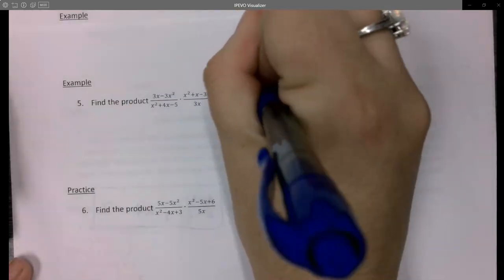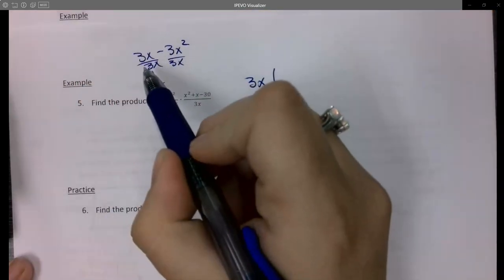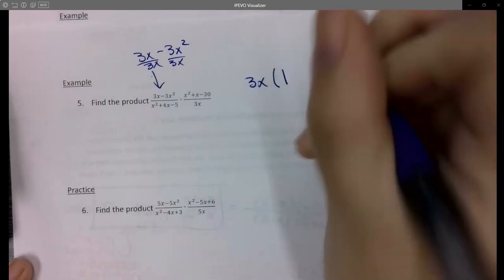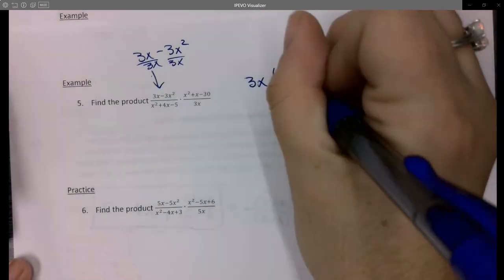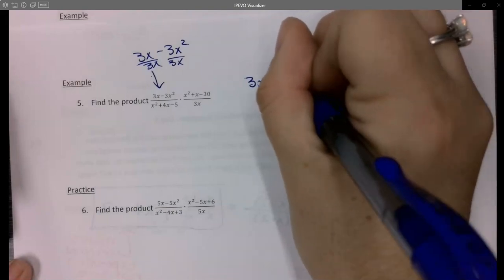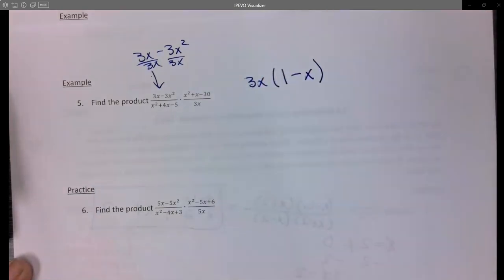So I'm going to pull out a 3x, and then what I get from dividing 3x minus 3x squared by 3x, I write inside parentheses. So anything divided by itself gives me 1. And then negative 3x squared divided by 3x gets me negative x.